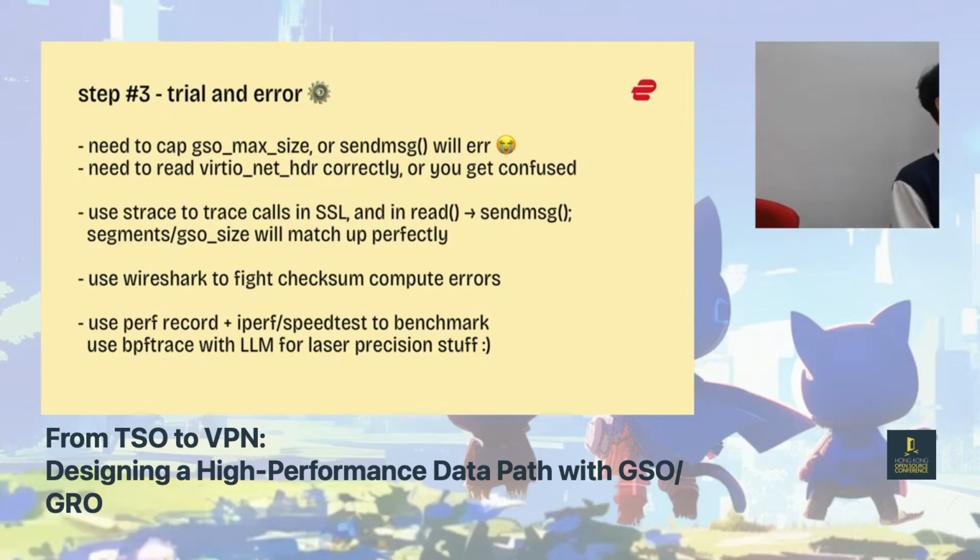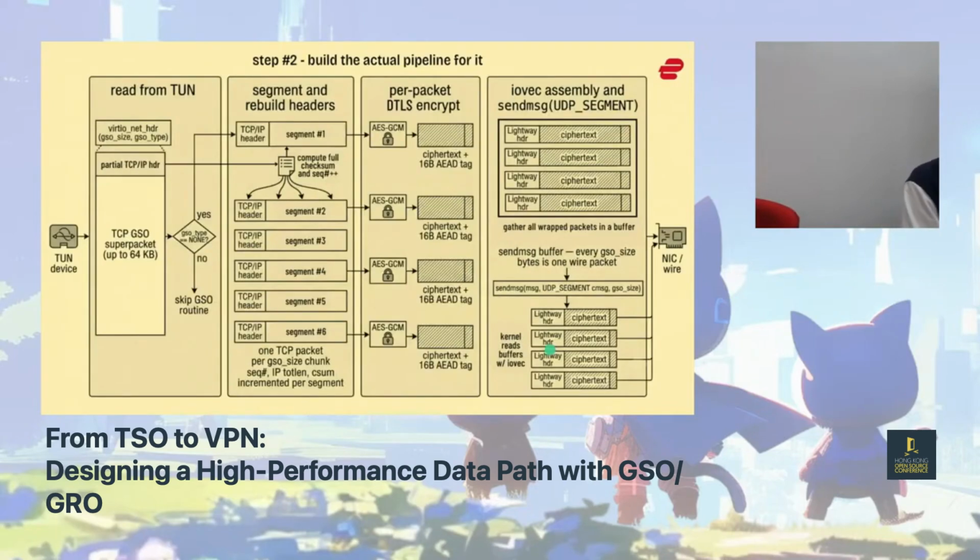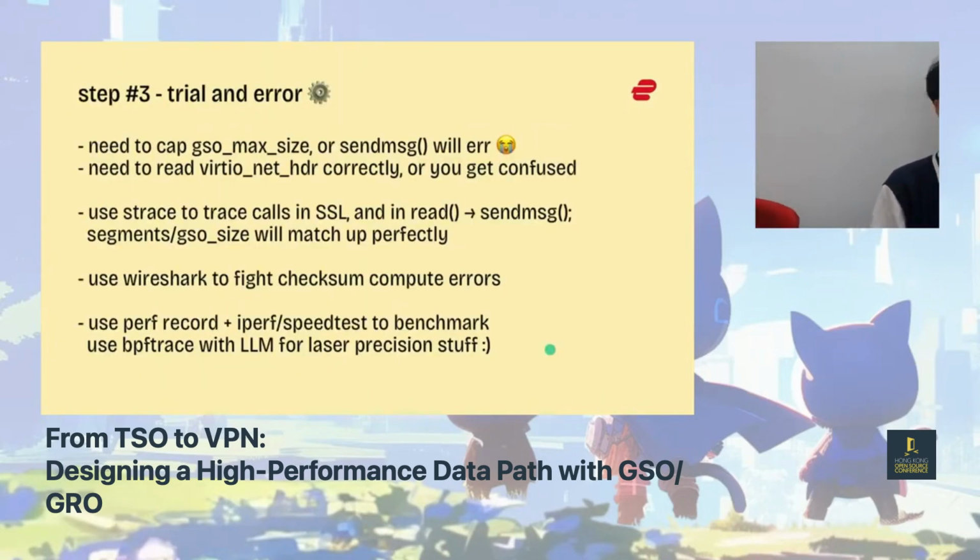So it turns out, because I designed it in such a way that we only take the super packet, segment it, and then assemble it into one, we need to account for the size of the extra headers. If you don't account for it, the end result will exceed 64 kilobytes and will just explode, because the kernel doesn't like that. So you need to do that first.